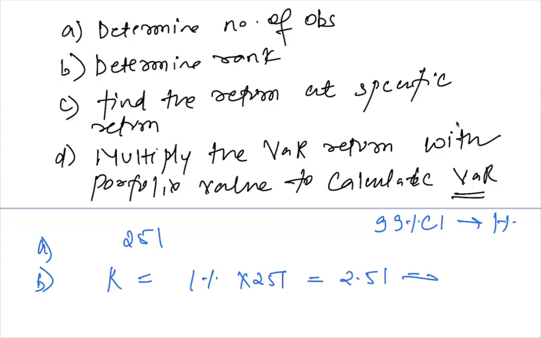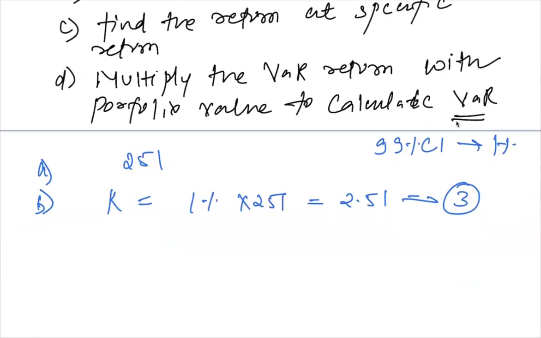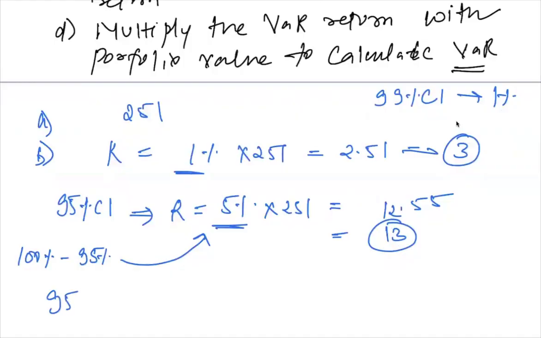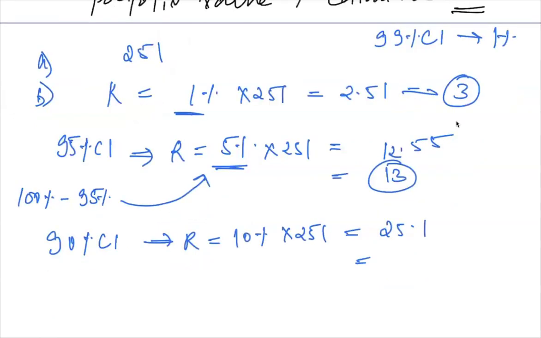Rounding it up gives 3. If we were selecting a 95% confidence interval, we would use 5%, which is 100% minus 95%. 5% times 251 is 12.55, and rounding up, the rank is 13th. Similarly, for a 90% confidence interval, 10% of 251 is 25.1.